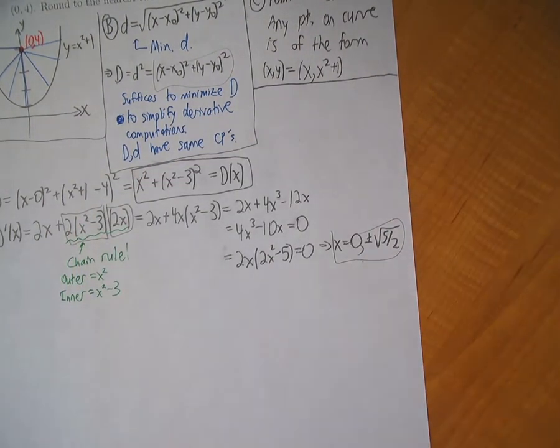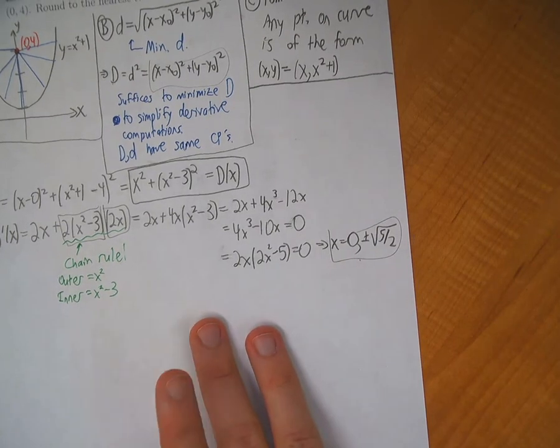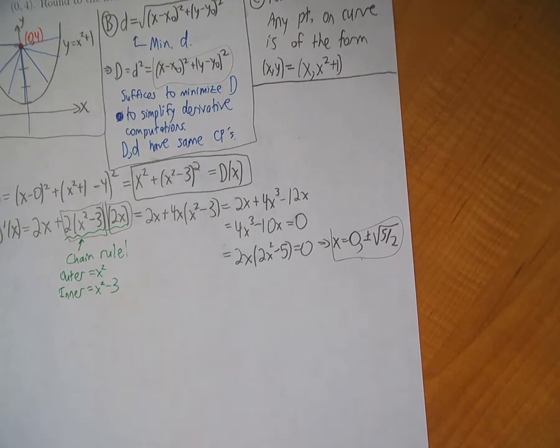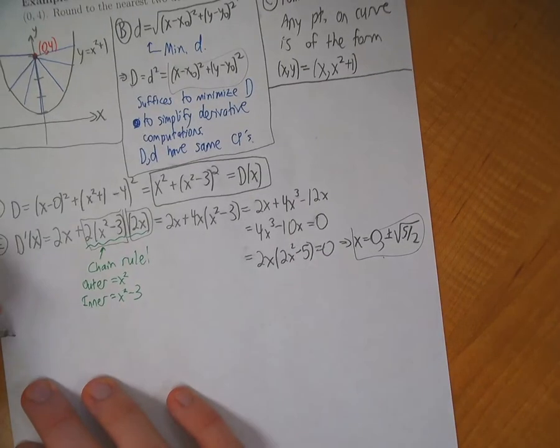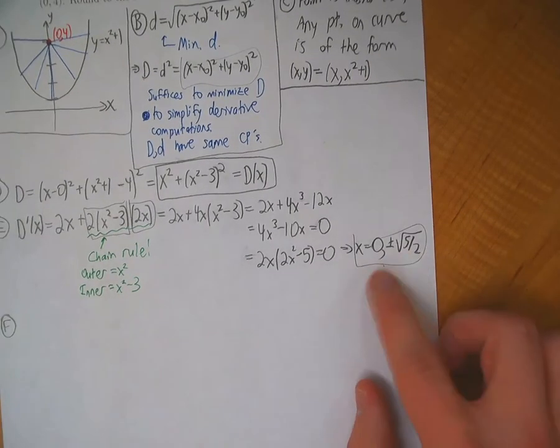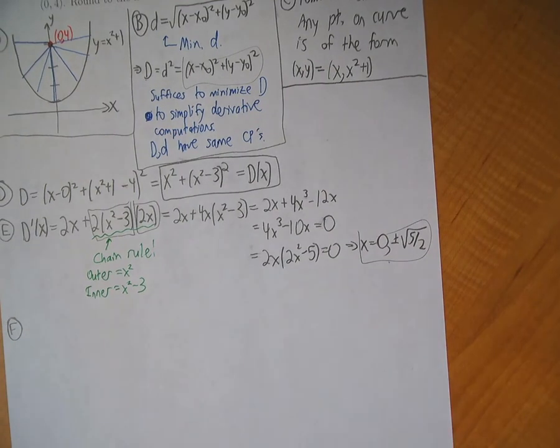Well, hold on a minute. That means we have 3 values of x here, which is definitely different than what we've been doing up until this point. So now we've got to figure out which of these give us the necessary minimum. Well, that's where the second derivative test comes into play.